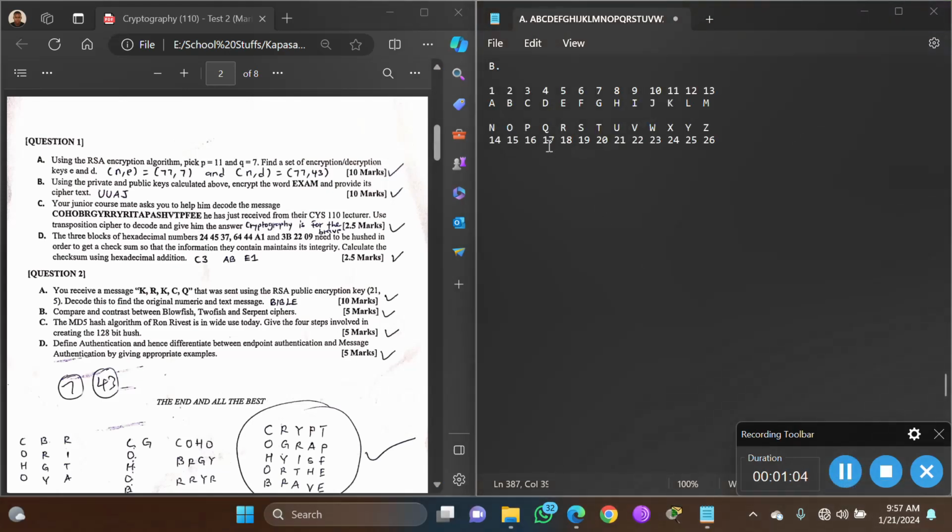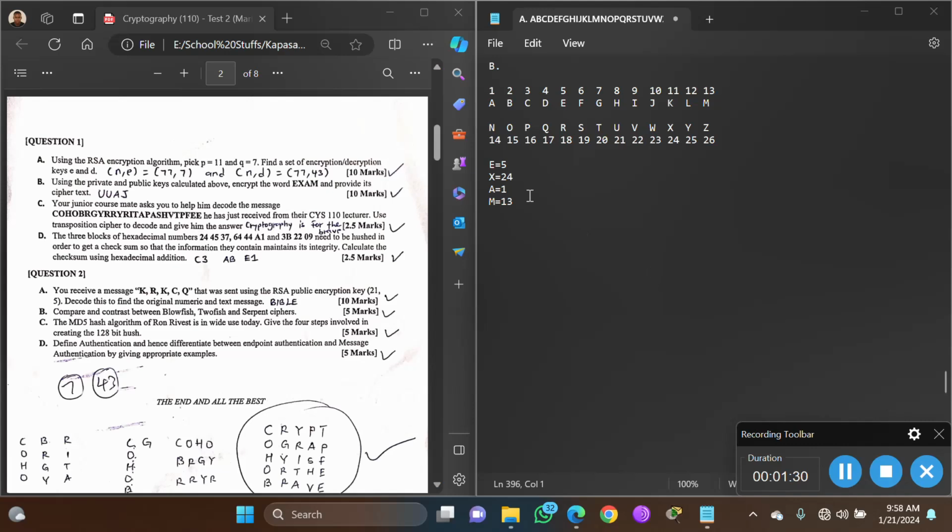Now you can see that 1 corresponds with A, then 26 corresponds with Z. This alphabet with its corresponding numbers will help us know the corresponding number for the letters from the word exam.